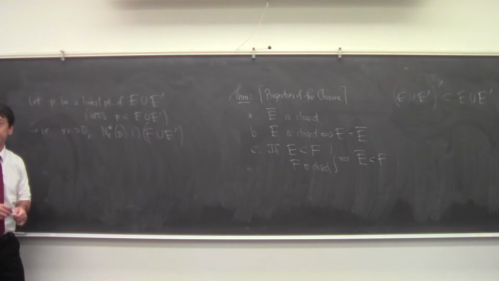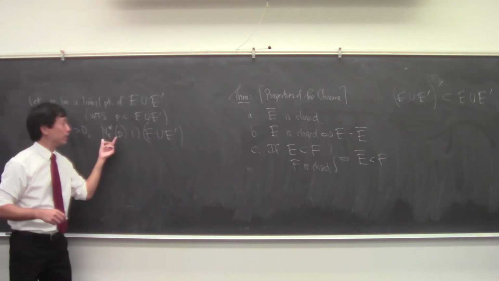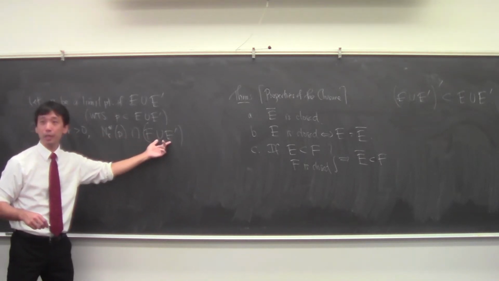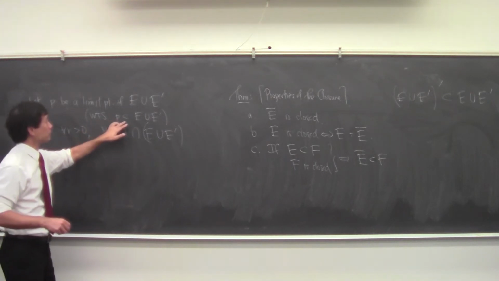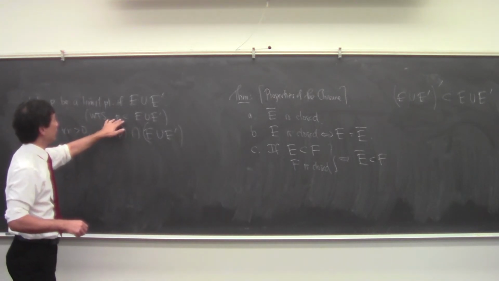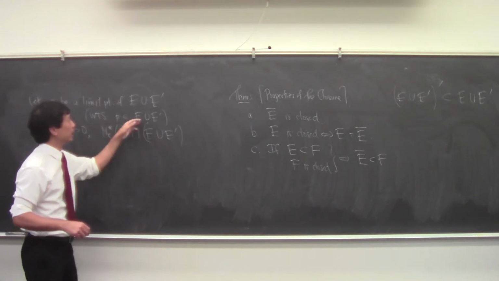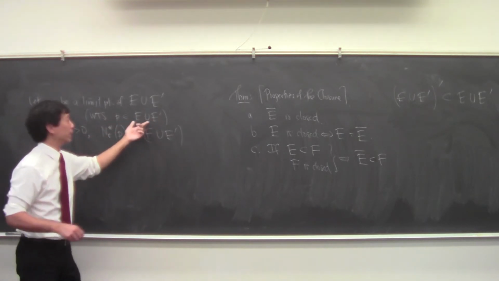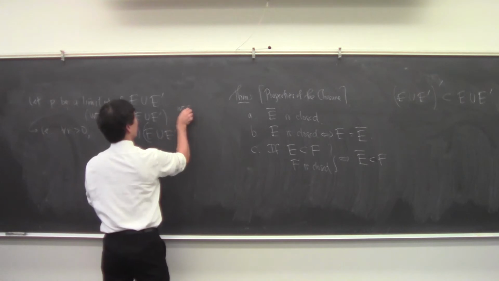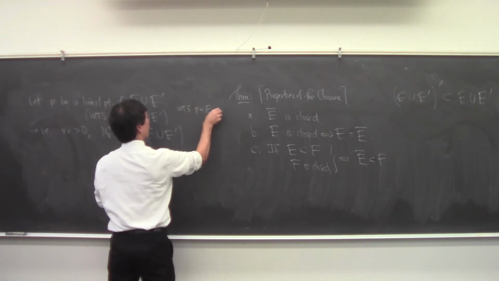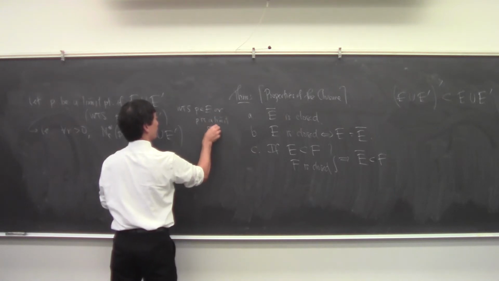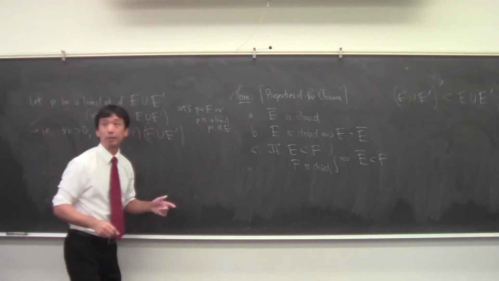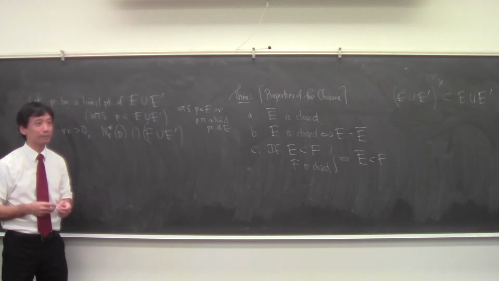And we're trying to show that P is either in E or is a limit point of E. So we want to show that P is in E or P is a limit point of E. Okay, that's our goal.